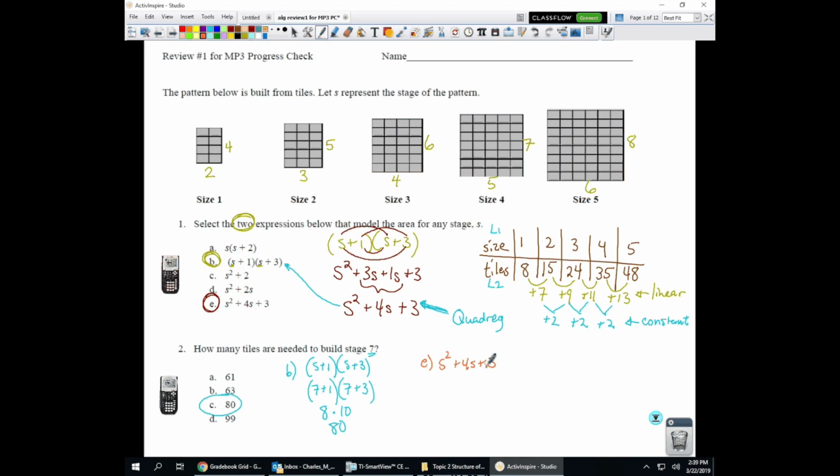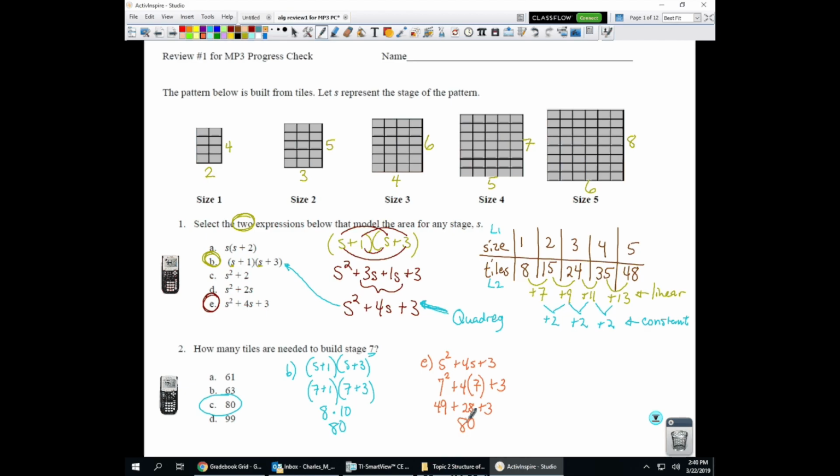If I replace each s with 7 in this formula, that's 7 squared plus 4 times 7 plus 3, which simplified is 49 plus 28 plus 3. Well, 49 and 28 make 77, plus another 3 is also 80. Okay.